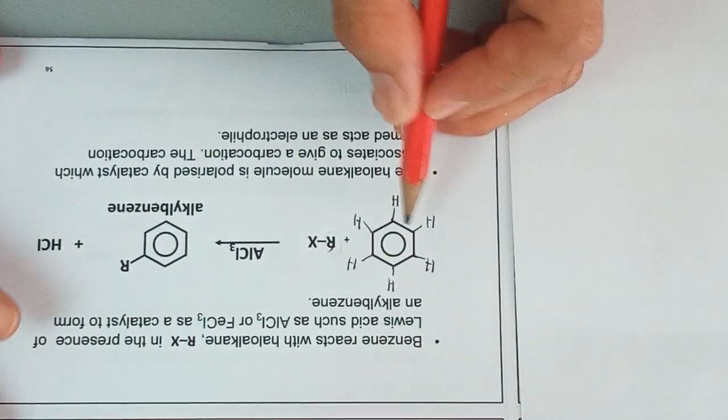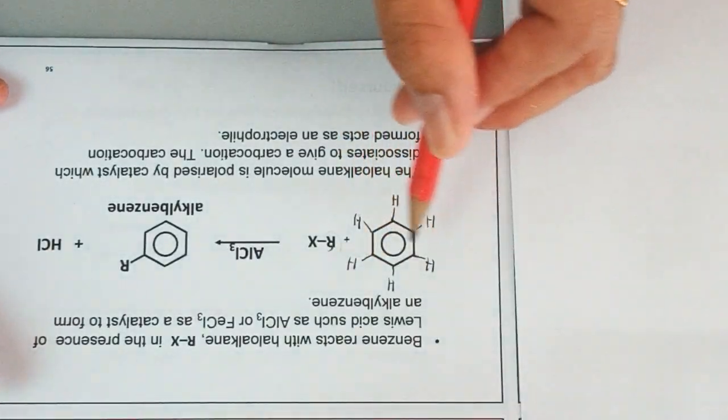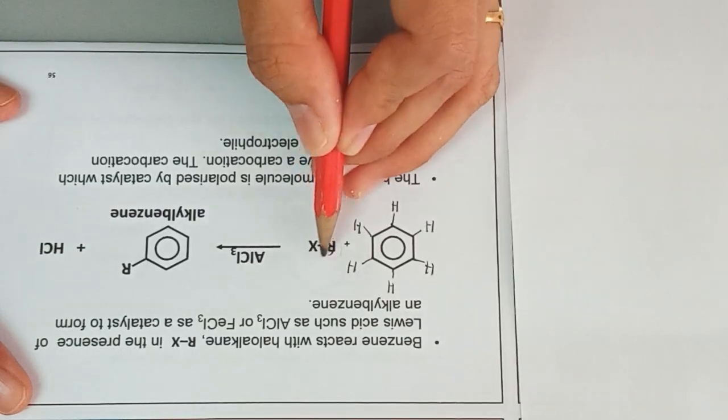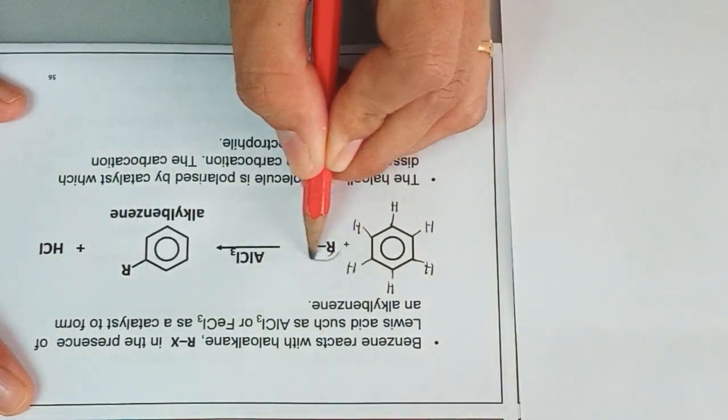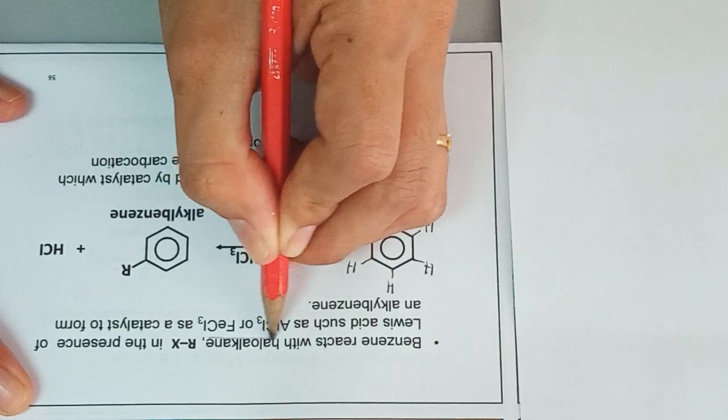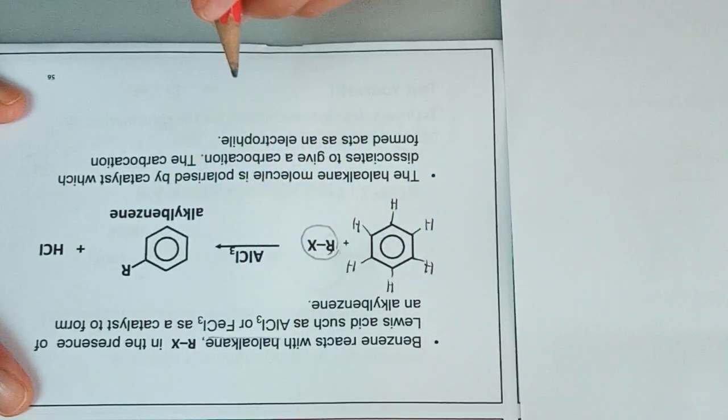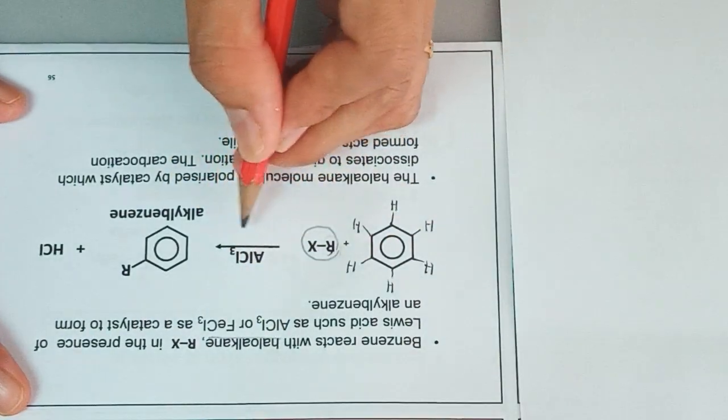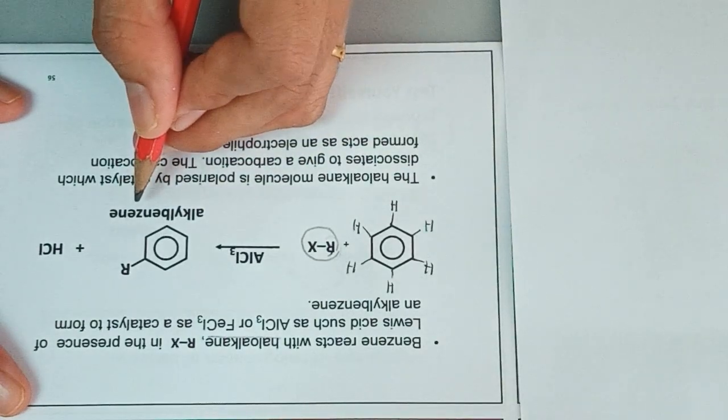Basically, we have benzene. It will react with haloalkane, or we also call it alkyl halide, in the presence of a Lewis acid to form the alkyl benzene.